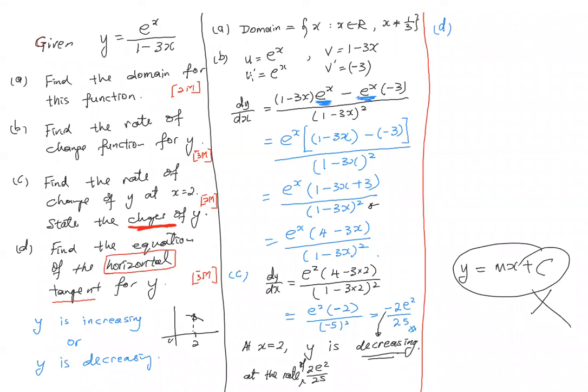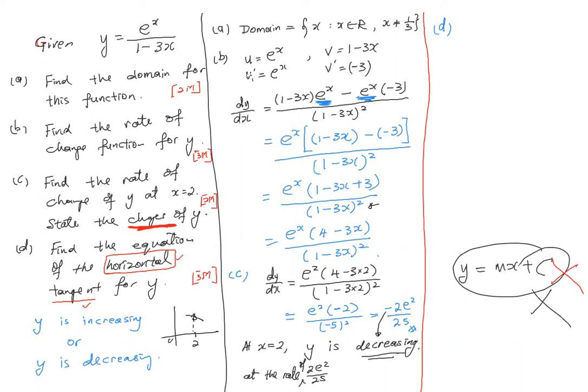Wonderful. So you see, if you start with this, sure flat. In maths, the first one is more important than the second one. Horizontal tangent. So you have to interpret the meaning of the word horizontal first. If the tangent is horizontal, it means the gradient of the tangent is 0.